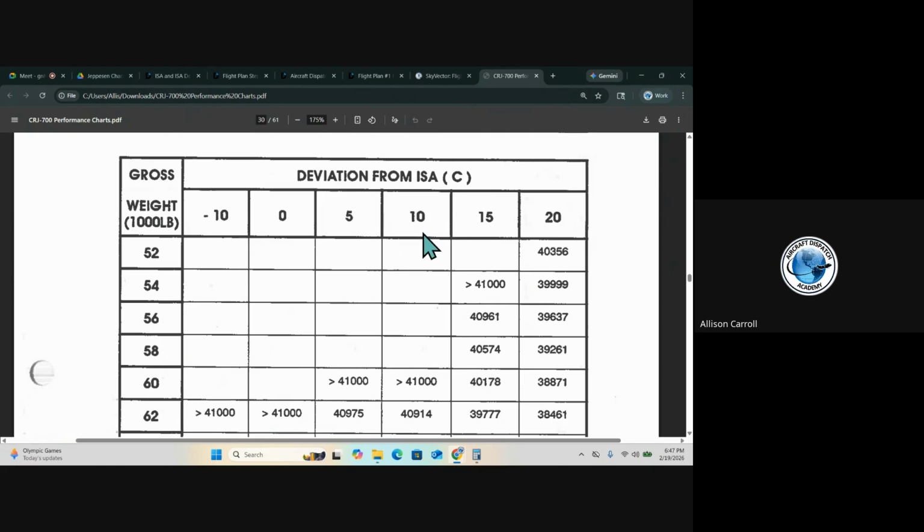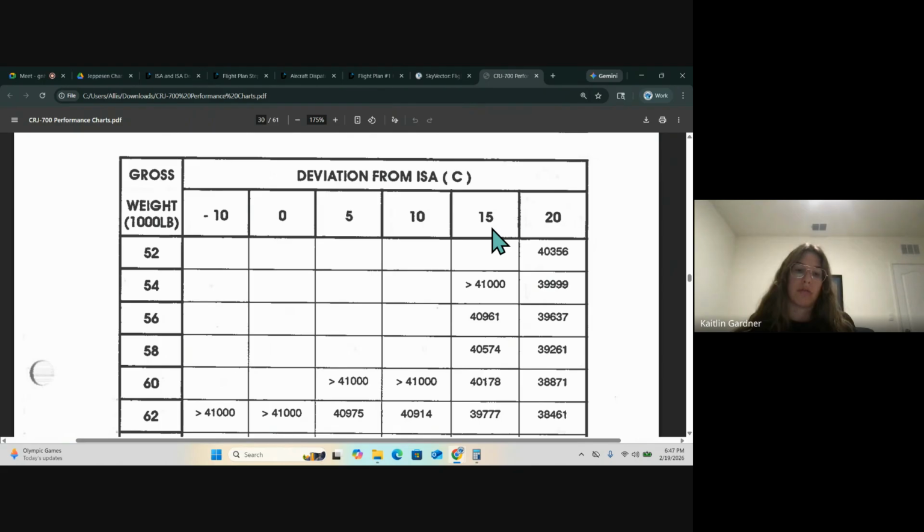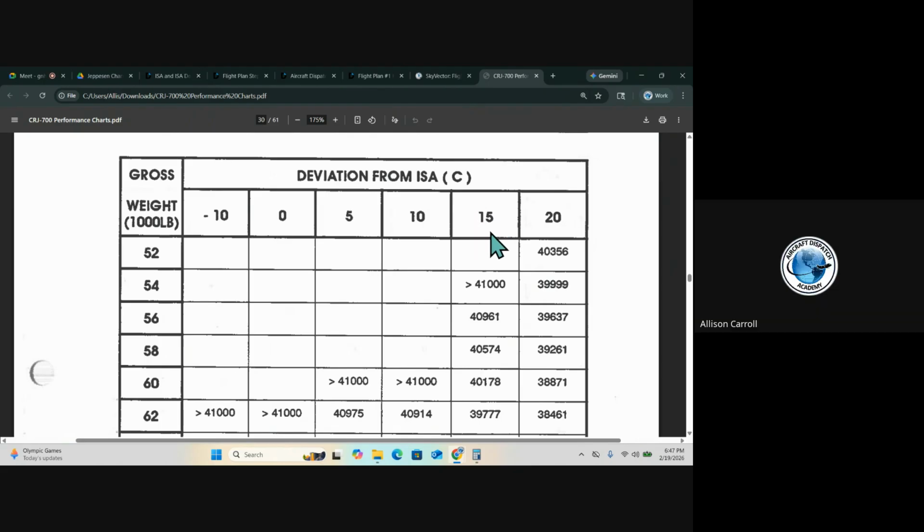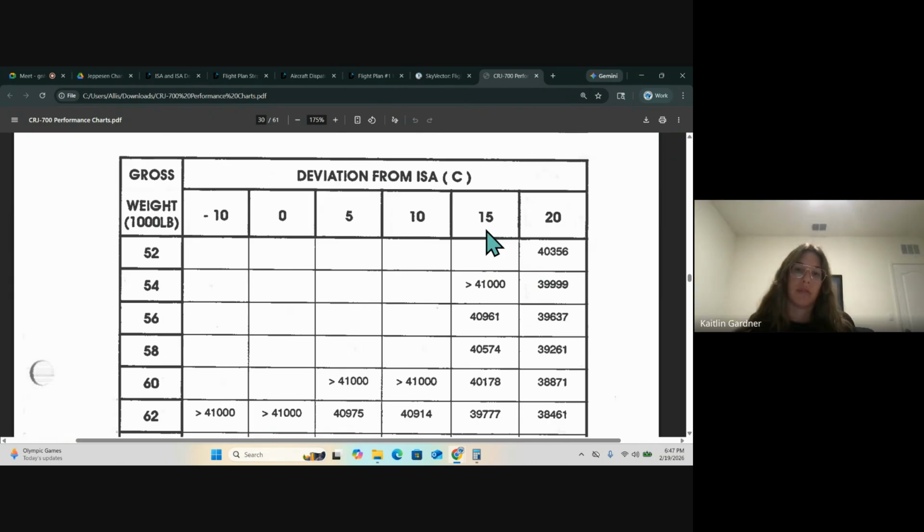The deviation from ISA, we have ISA plus 10 or plus 15. Well, which one are we going to choose? They're closer to 15 for both. Why 15? Because they're closer than 10, the 13 and 14.